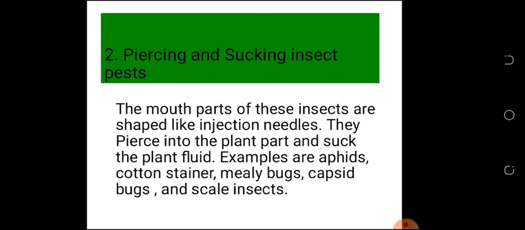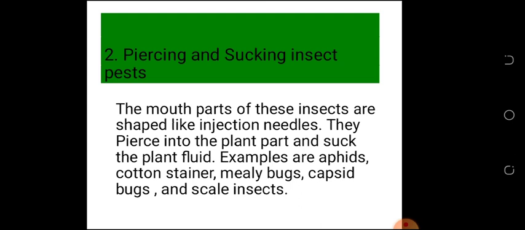The second classification is piercing and sucking insect pests. The mouth parts of these insects are shaped like injection needles. When you are sick and you go to the hospital, you notice that they will bring an injection. That tiny needle is like the mouth part of these piercing and sucking insects.